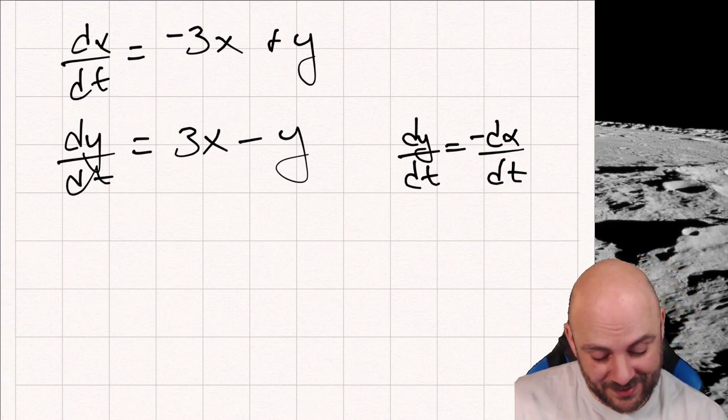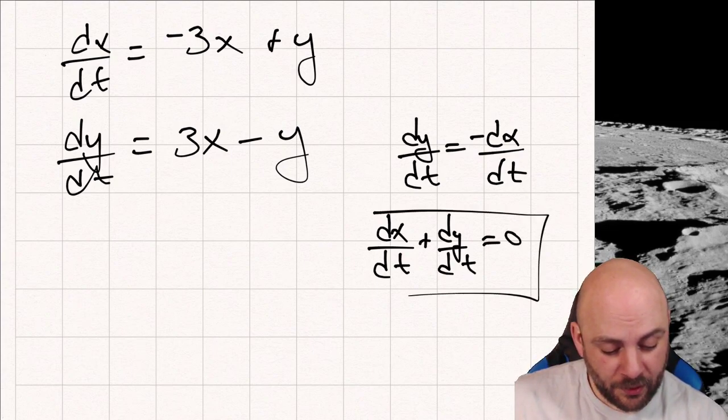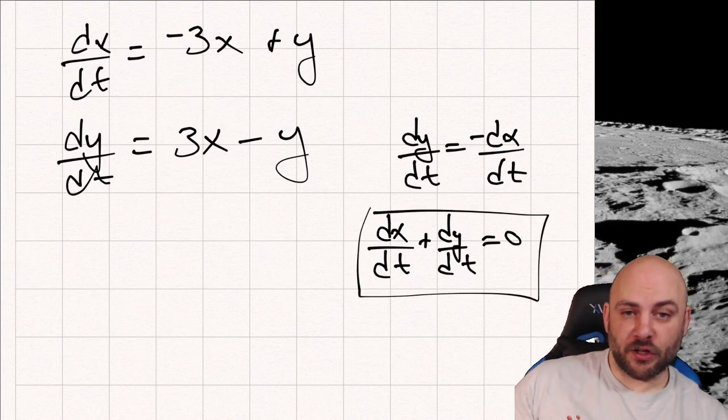And what that tells me is that dx/dt plus dy/dt equals 0, which means there's a conservation law going on.